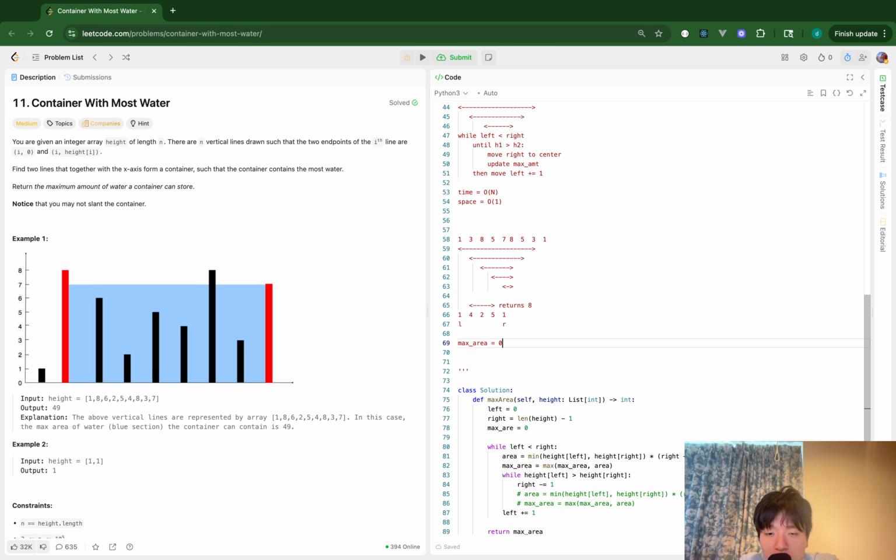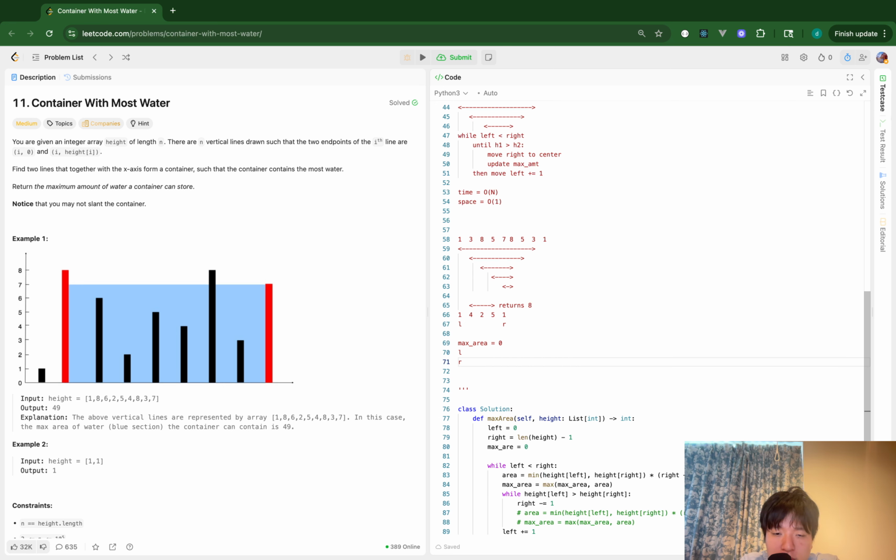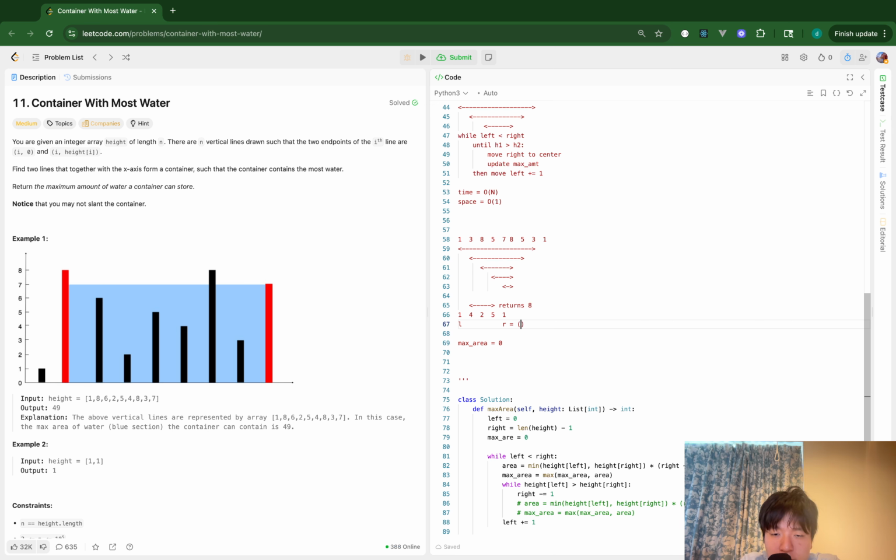And in line 80, yes, right is larger than left, so I calculate the area. So it should be min of 1 and 1, which is 1. And distance should be 4 minus 0, so this should be 4. So max area is now 4.